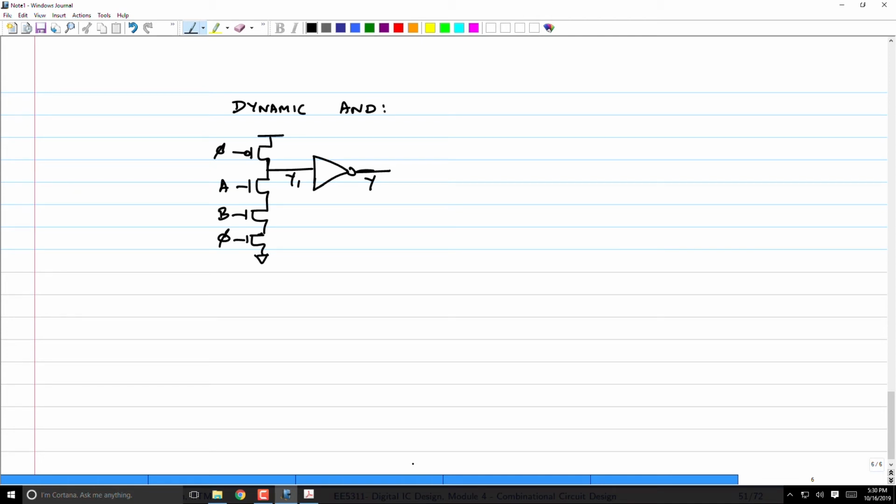Right? So this is basically called domino logic, cascading a static CMOS inverter with a dynamic gate is called domino logic. You will see why. Domino logic.